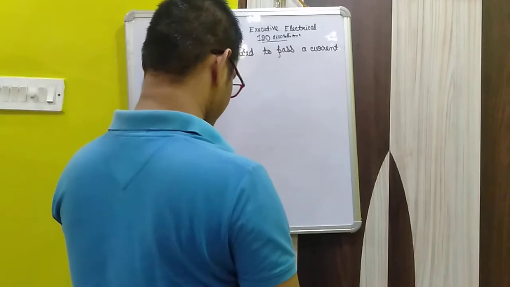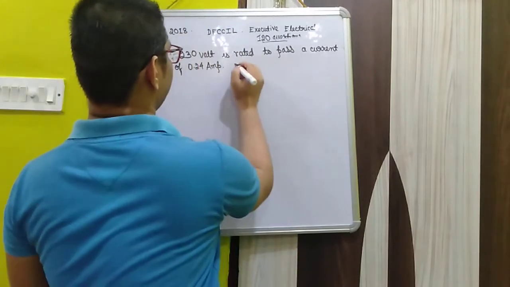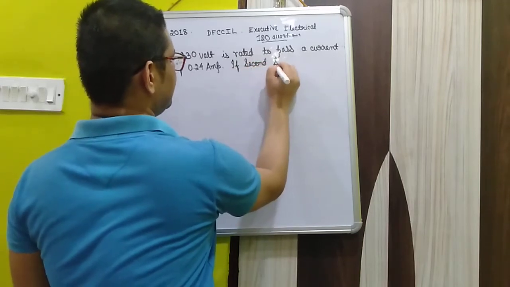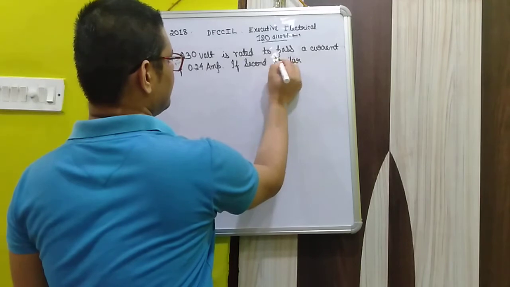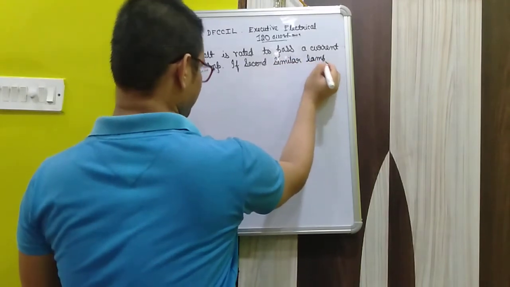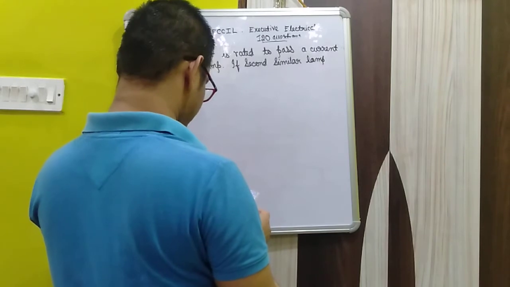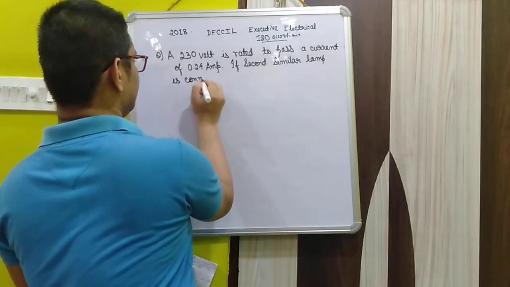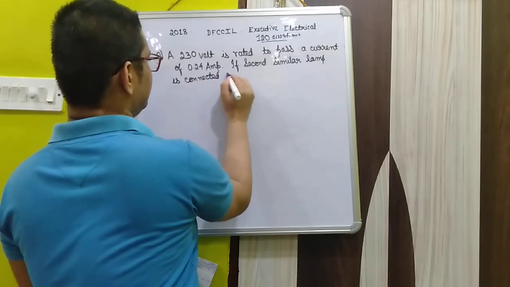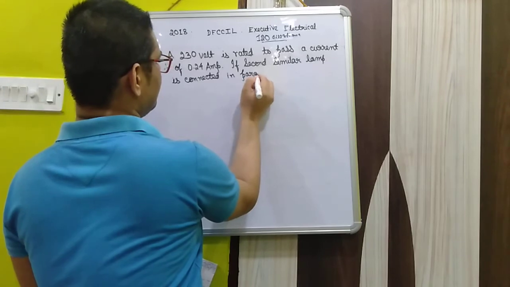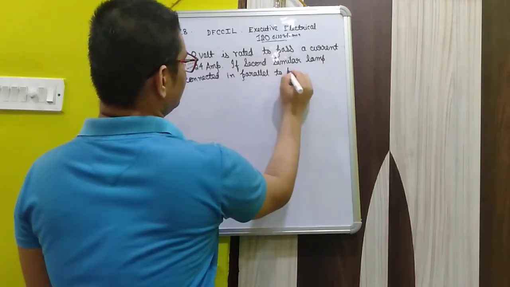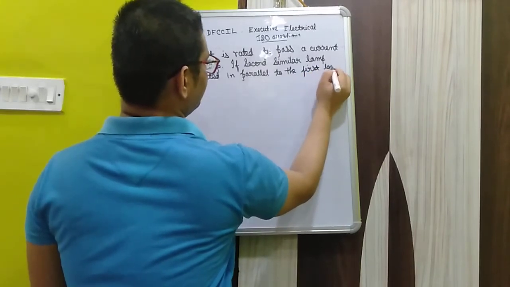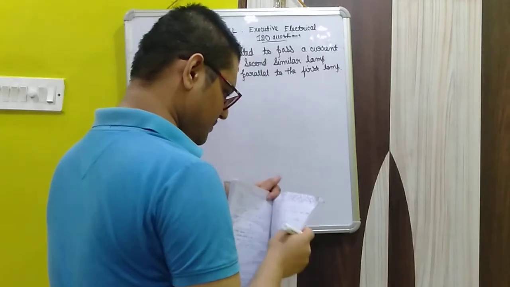A second similar lamp is connected in parallel to the first lamp. So what is the next part of the question?